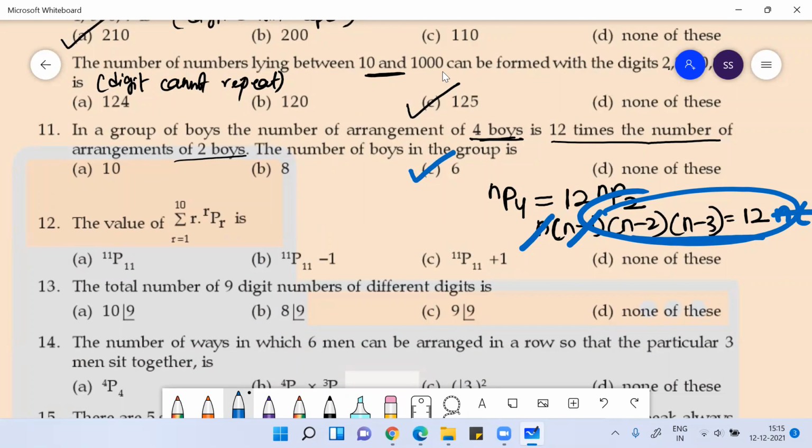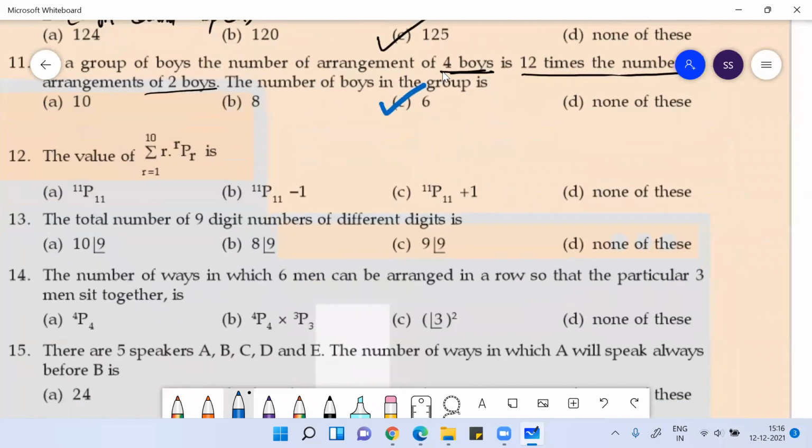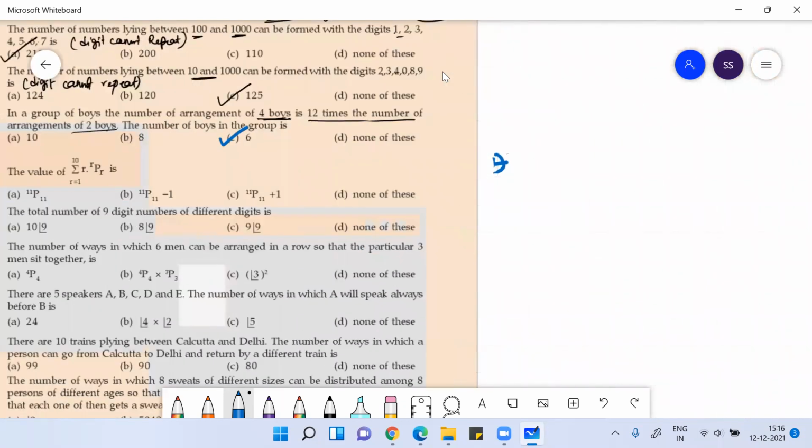12th one, how will I solve? If you see what they're telling, r starting from 1 and going till 10, rPr. This value I need to find.